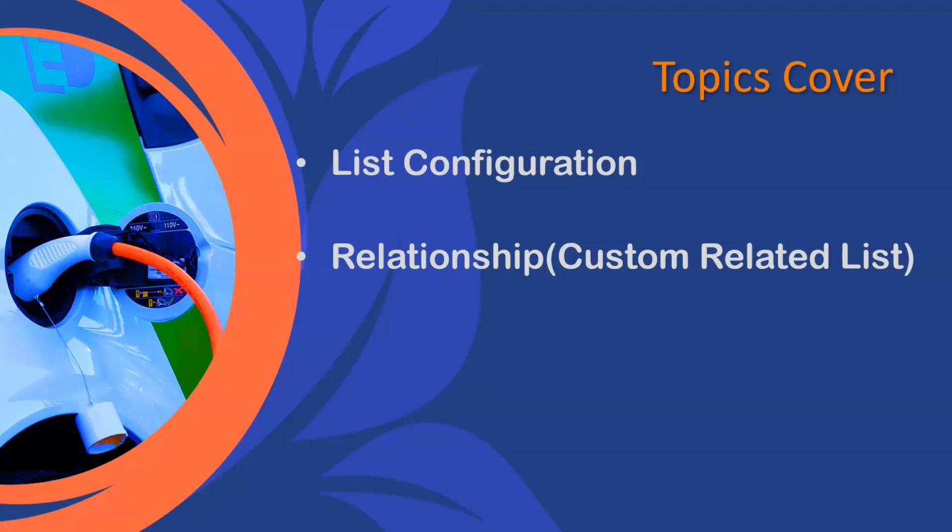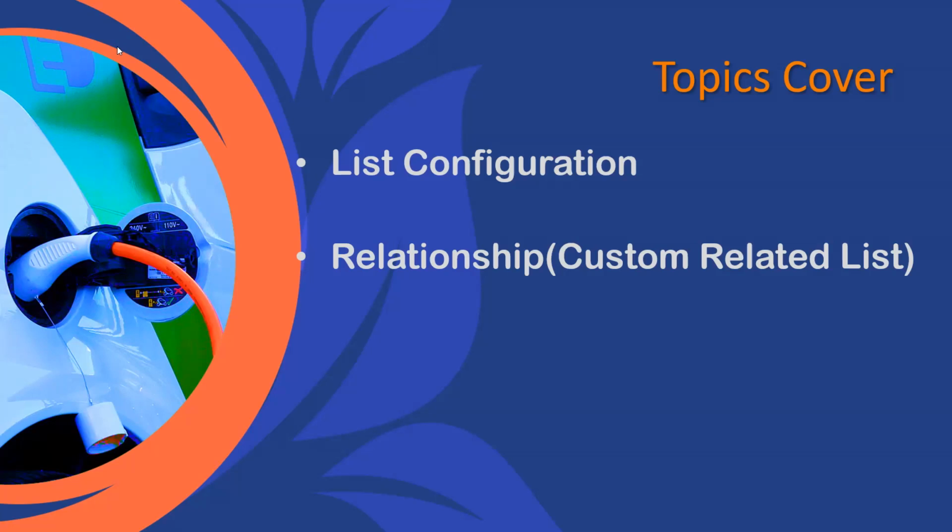And for relationships or custom related lists, there are two kinds: one is the predefined relationship between two tables, and the other is where you define how that value should be populated into the related list. So these two things we are going to cover in this session.